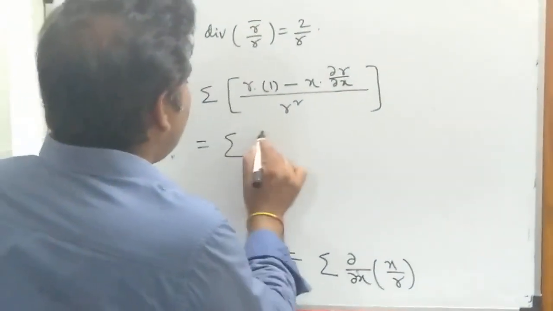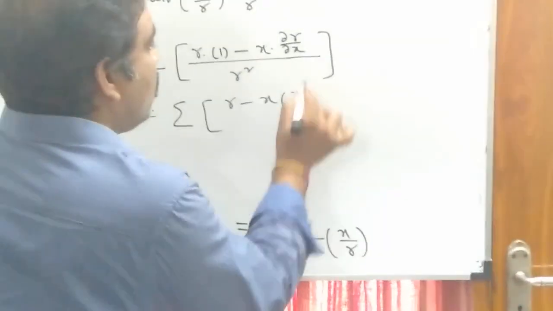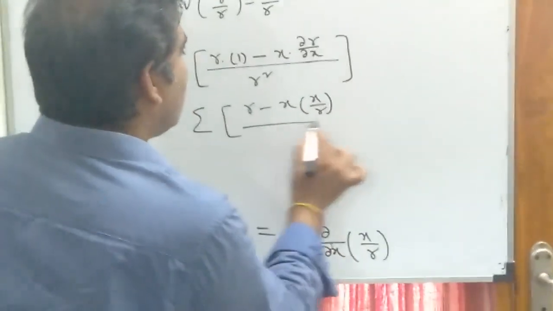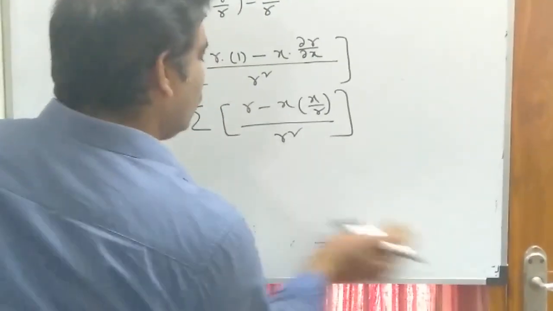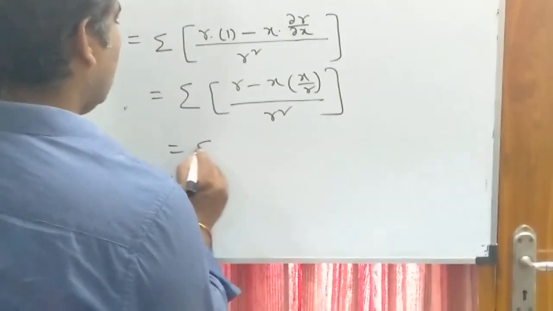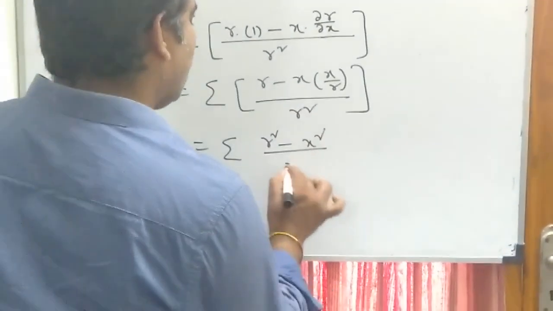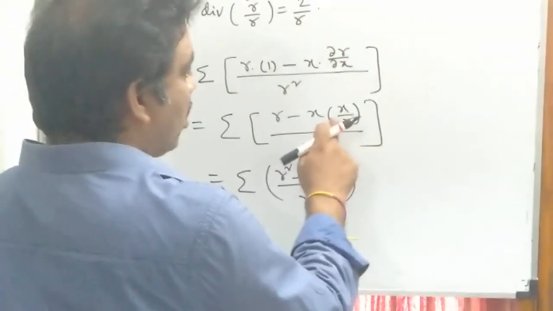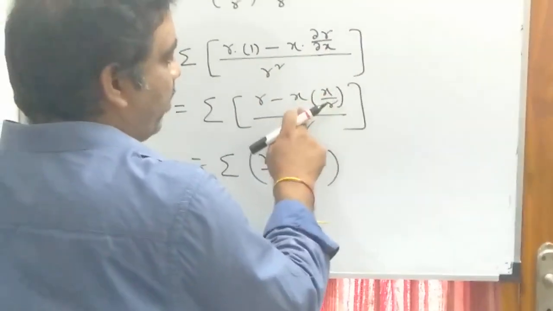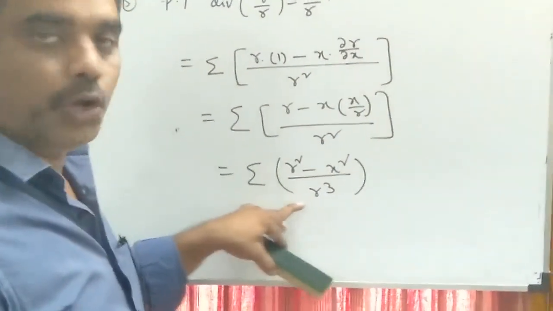That is summation of (r minus x into dou r by dou x), and dou r by dou x is x by r, over r square. This is equal to summation of (r square minus x square) by r cube. Numerator LCM gives r square minus x square by r, and the denominator already r square, so the value will be r cube.